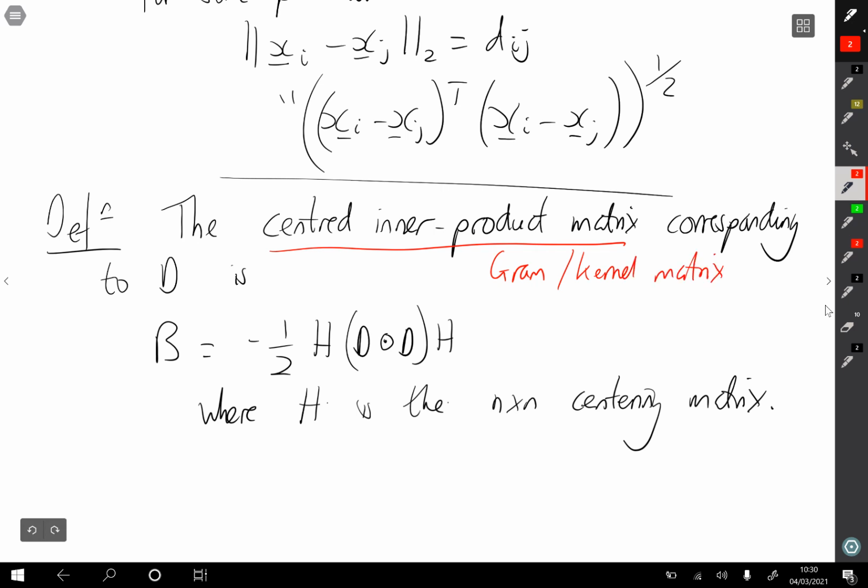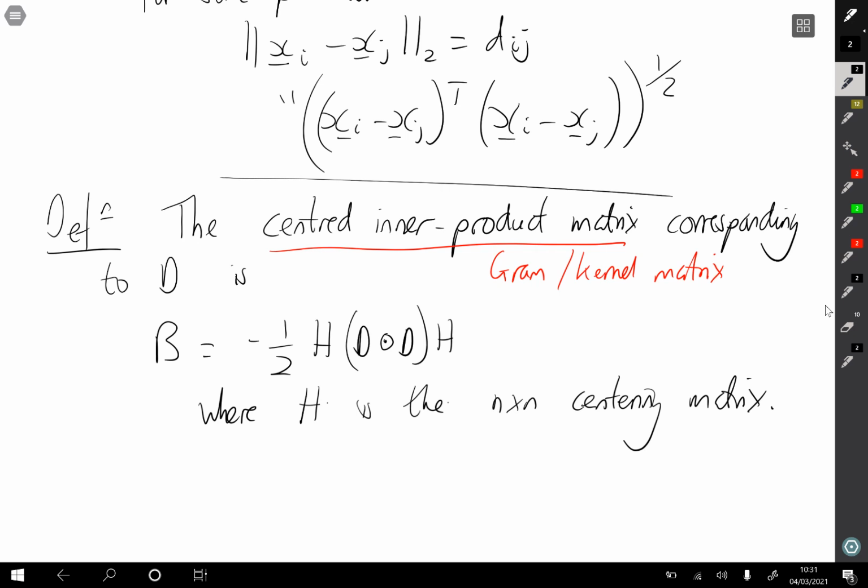They will once we see the theorem. The centered inner product matrix corresponding to a distance matrix D, which we're going to call B, is minus a half times H, times the Hadamard product of D with itself, times H, where H is the n by n centering matrix.